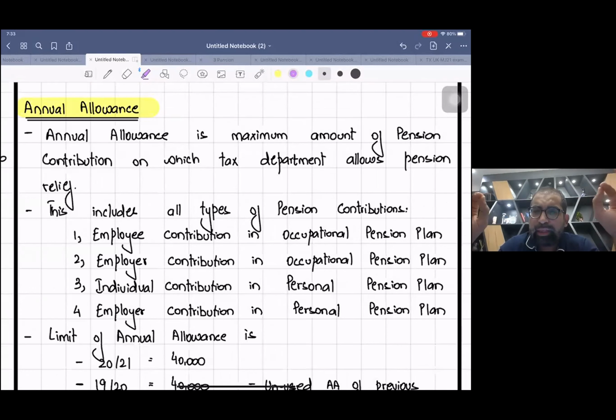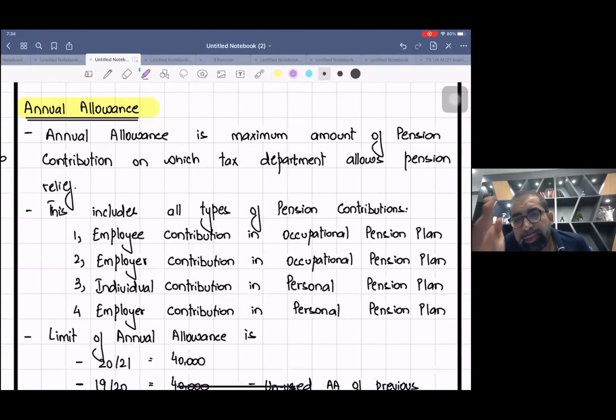Tax department says we can give you relief up to a certain extent. There is a cap on relief, but there is no limit on contribution. You can contribute millions of pounds, but the relief will be limited.